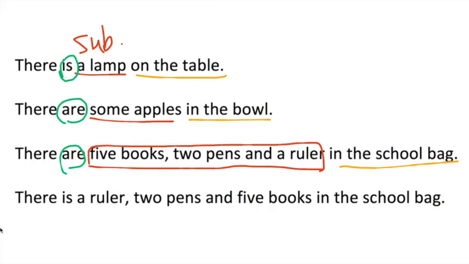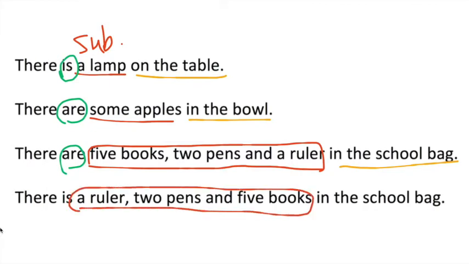So the weirdest thing is the fourth sentence. In the fourth sentence, you see actually the subject is the same as in the third sentence. And of course, the place is also the same, in the school bag.